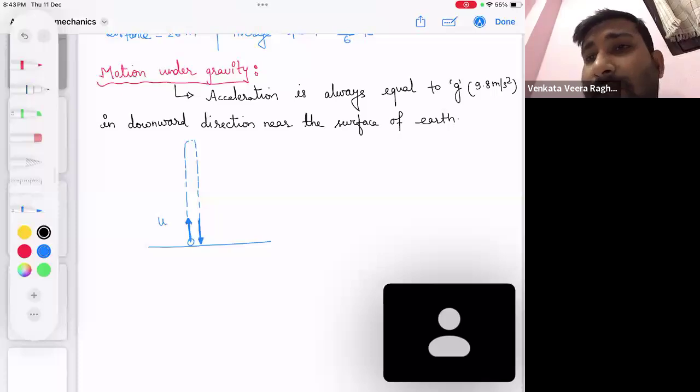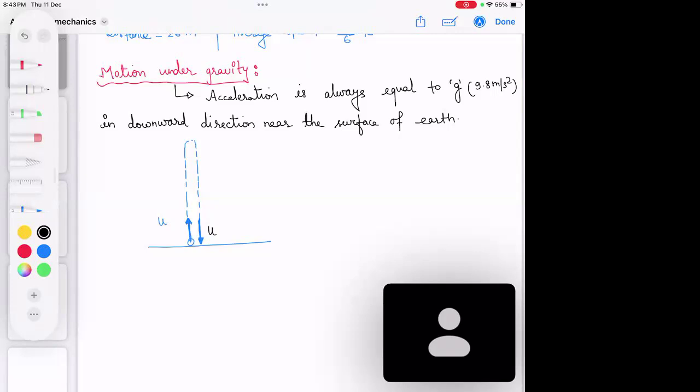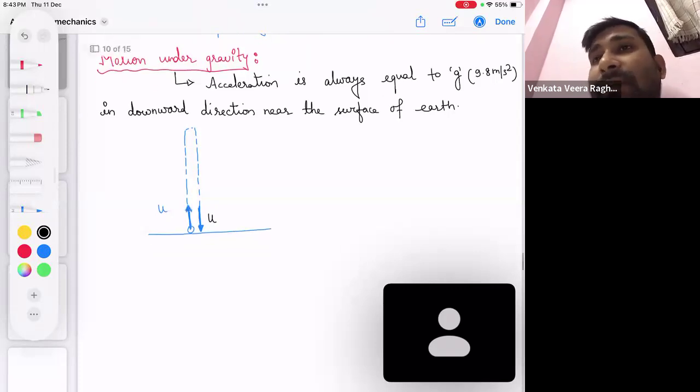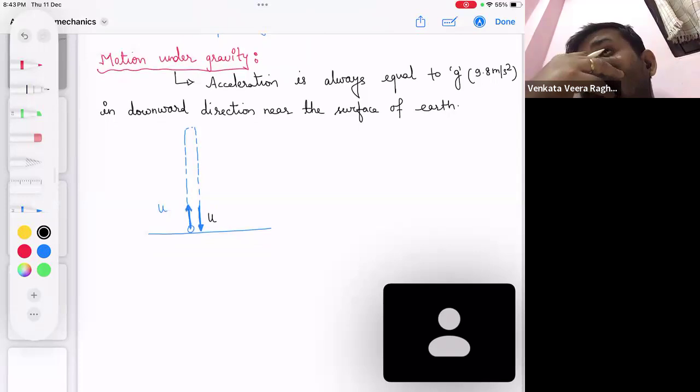Can you tell me with what velocity it will come back? Will it come back with the same u, if we don't consider air resistance? If air resistance or air drag is there, then it won't come back with the same velocity. Its velocity will be different. We will take one example based on that also, what happens if air drag is considered in the question.